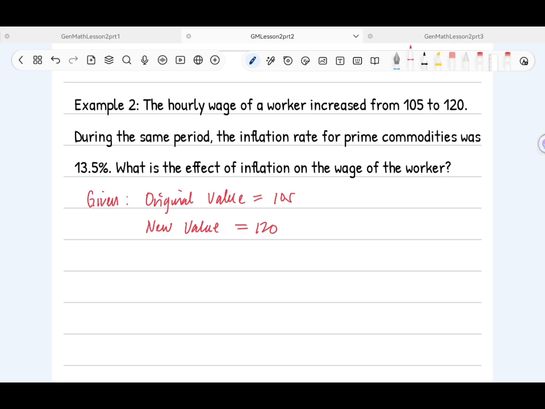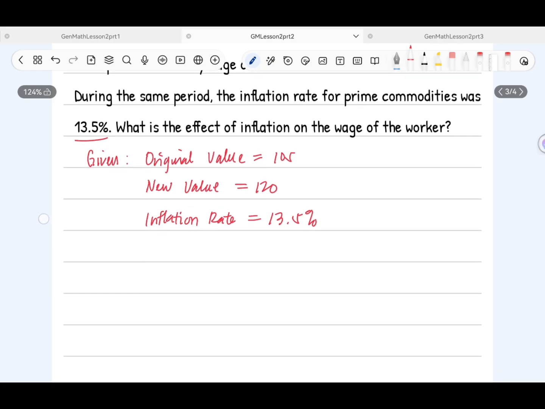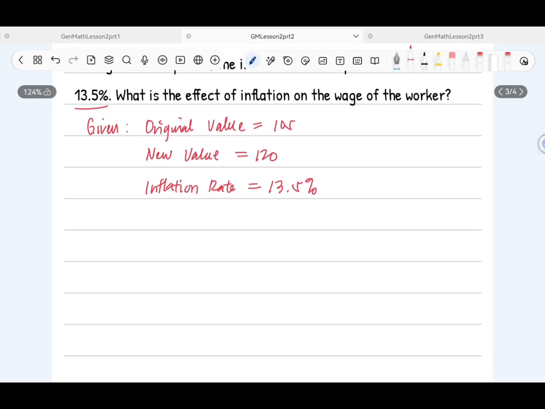And for the inflation rate, we have 13.5%.